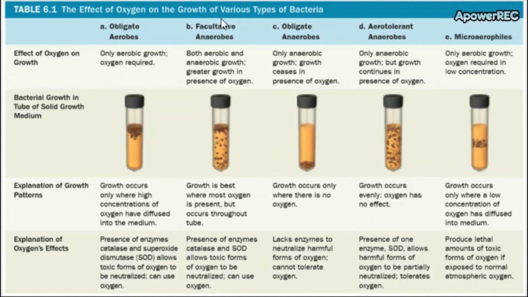Okay, so the next one are facultative anaerobes. You'll find their growth both in aerobic and anaerobic environments, but remember I stated that oxygen metabolism is more efficient. So you see it's a little bit denser here at the top. You're going to find a little bit throughout the rest of the medium.